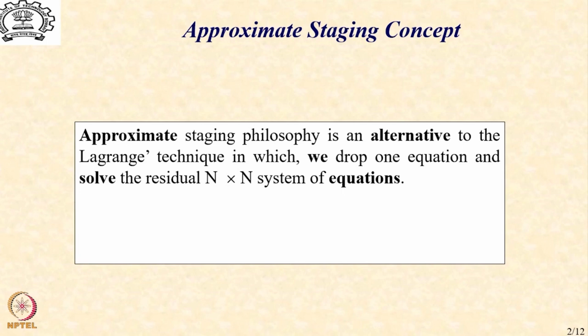This is the first step, which means that among the n plus 1 equations and n plus 1 unknowns, we drop one equation so that we don't have to actually include the Lagrange variable lambda that we have been doing earlier.